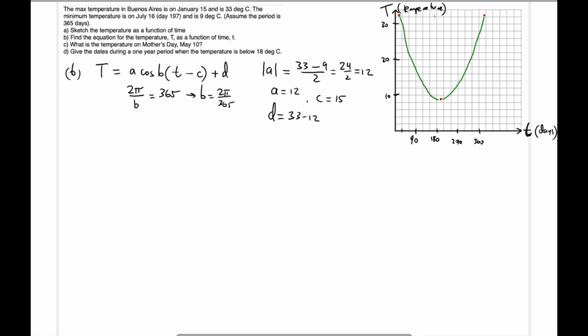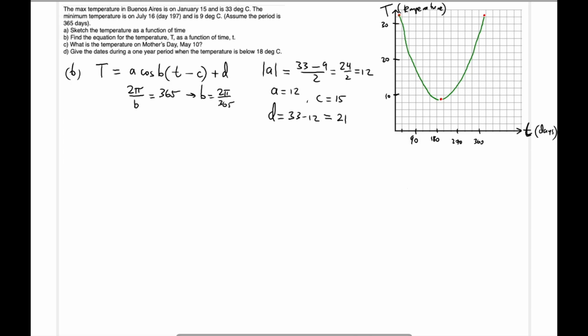We know the highest point, and if we subtract 12, the amplitude, from that, we will be right at the midline, because from the midline to either the max point or the low point is exactly the amplitude distance. And that will show us the distance from the t-axis to that midline, and that will be the d. That's going to be 21, okay?